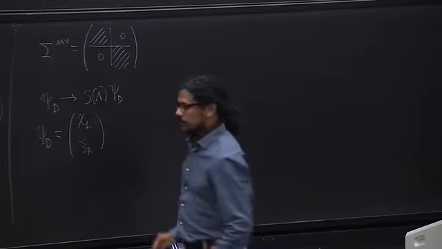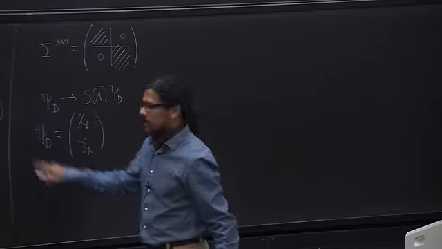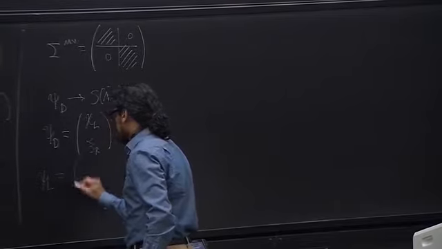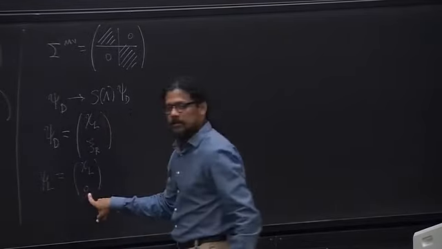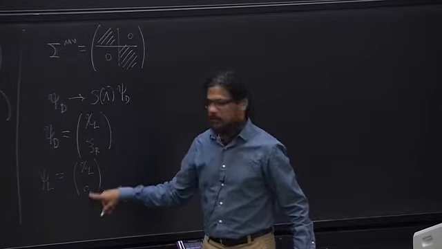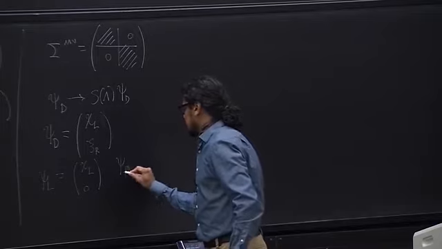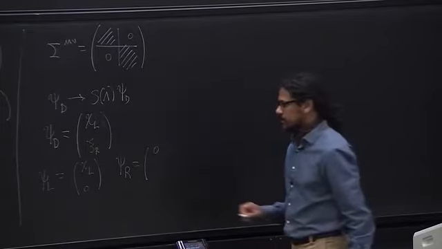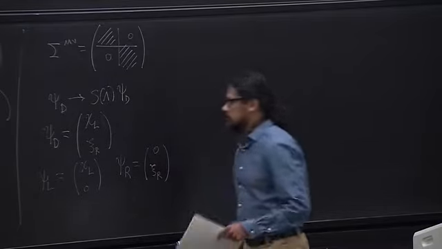Okay? So if we now apply the projection operator on this guy, then we would get the left-handed Weyl spinor, which would be chi L, 0. Right? It would kill the psi R. And similarly, PR would kill the first 2-component spinor and just give us this guy.